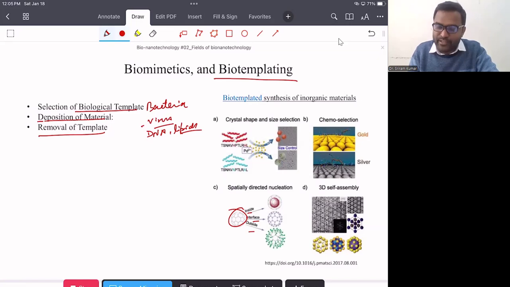So these are the areas of research where we use a biological sample as a biotemplate, and in biomimetics we develop artificial materials to mimic the natural biological sample.